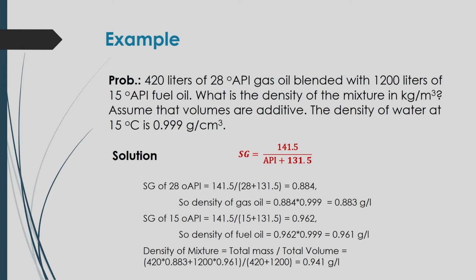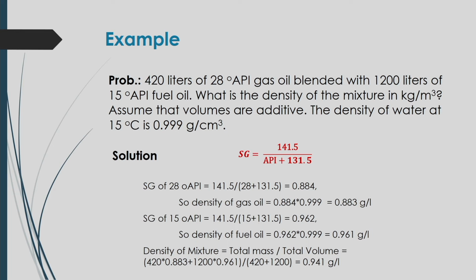Assume that volumes are additive; the density of water at 15 degree centigrade is 0.999 gram per centimeter cube. So, we are blending 420 liters of gas oil, with API gravity 28, with 1200 liters of fuel oil, with API gravity 15. What should be the density of the mixture?